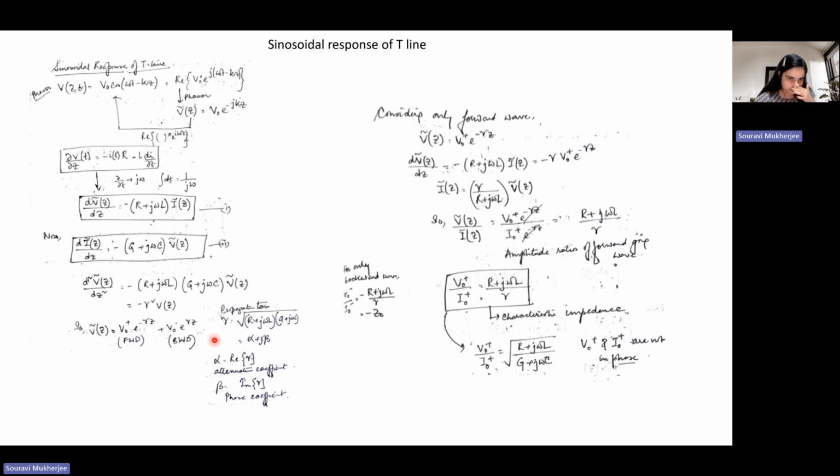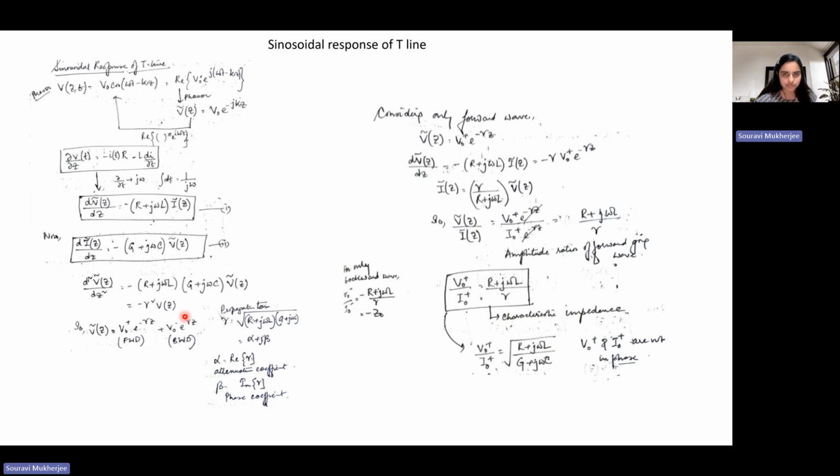If you have something like e to the power minus gamma z and e to the power plus gamma z, then this gamma is the propagation term, which has information about the fact that your voltages can get attenuated, or there can be distortions or loss, so new phases can come in. The imaginary part of your propagation term talks about the phases that get added to your signal, while the real part talks about the attenuation, the decrease in the amplitude of your voltage or current.